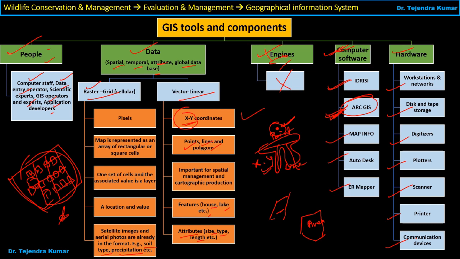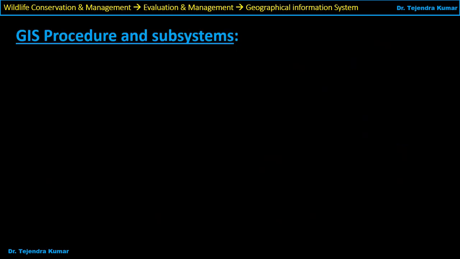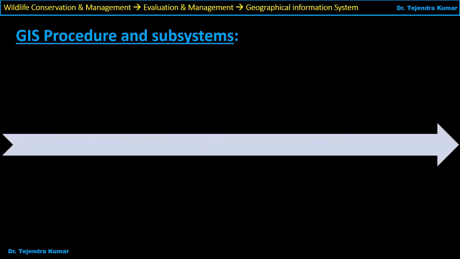These are the components. Next, GIS procedure and subsystem. Let's see the procedure, how it works. First of all, data input. We input the data, and the data may be in the form of dots, lines, or polygons.